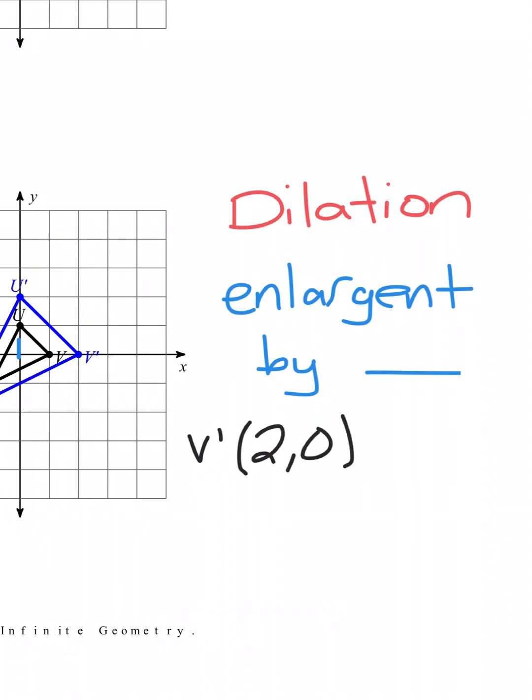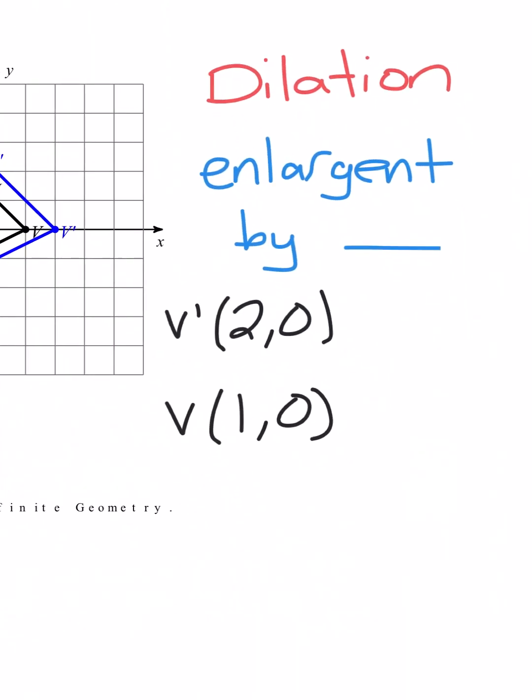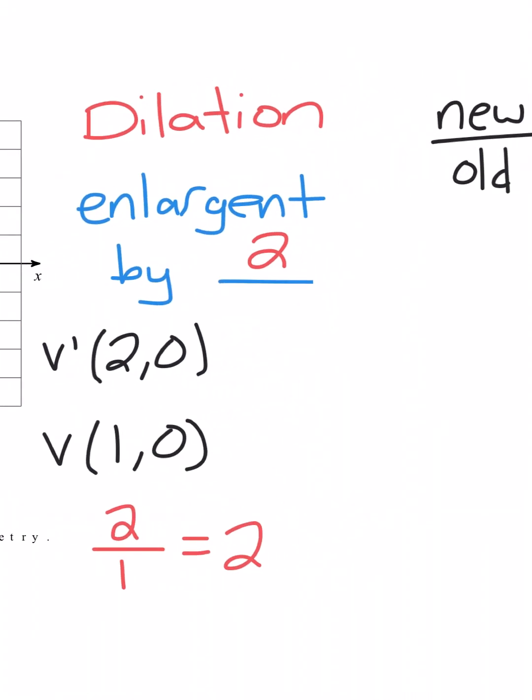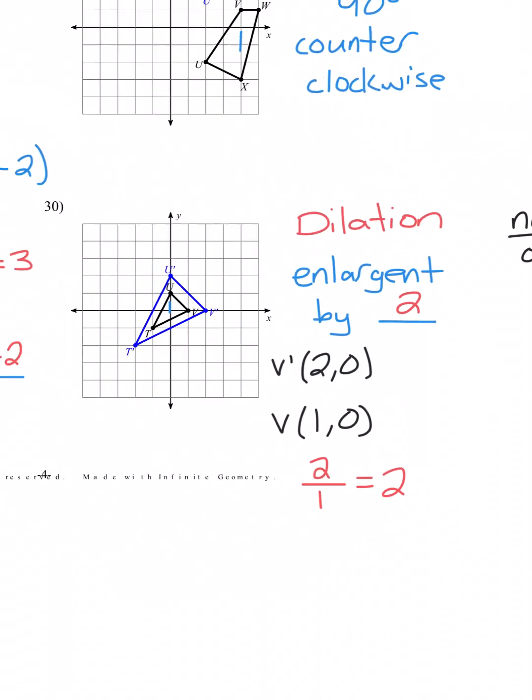Now I want to find the old V. 1, 0. What's my last thing that I have to do? Divide. Does it help if I do 0 divided by 0? No. So I need to do 2 divided by 1, which is 2. So we had an enlargement by 2. Okay? Questions? 1 to 5 on transformation.